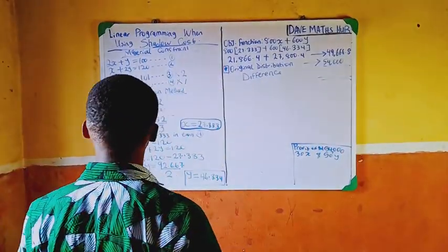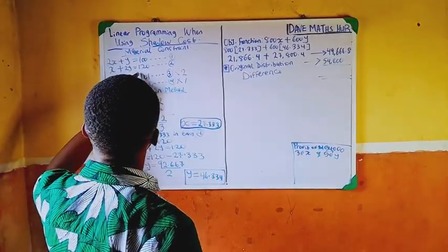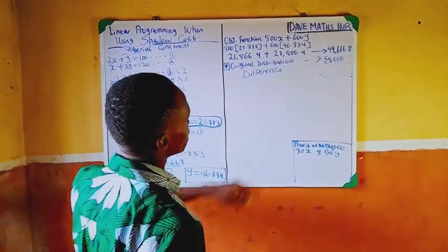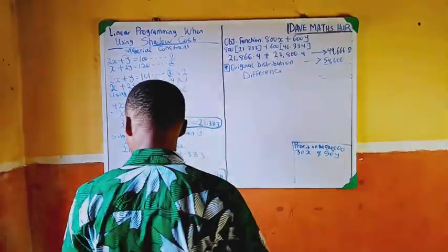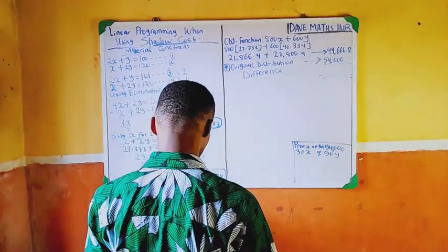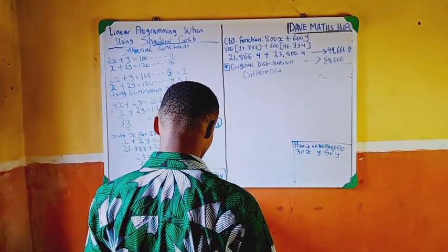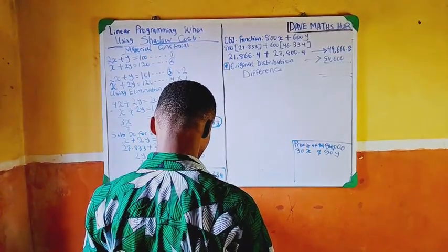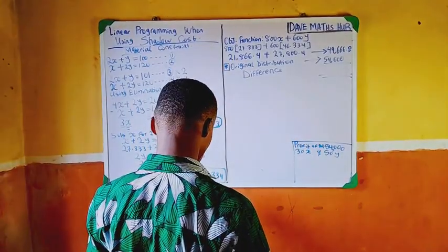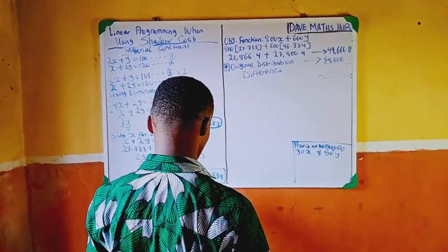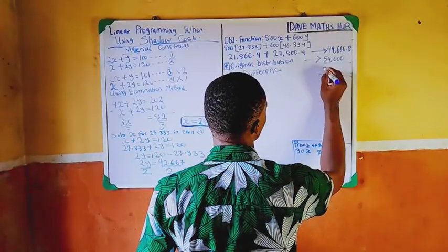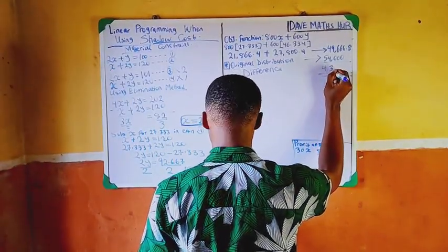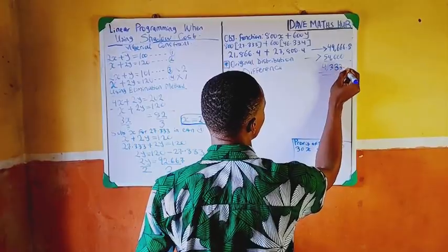But when we made an additional increase for material constraints, it reduced to 49,000. So the difference will be 54,000 minus 49,666.8, giving us 4,333.2.